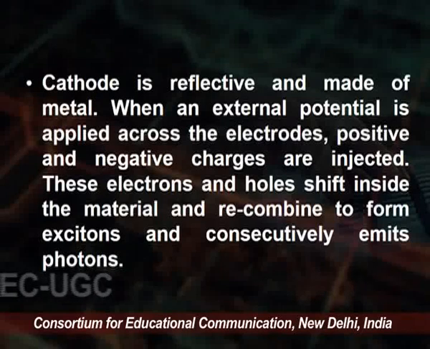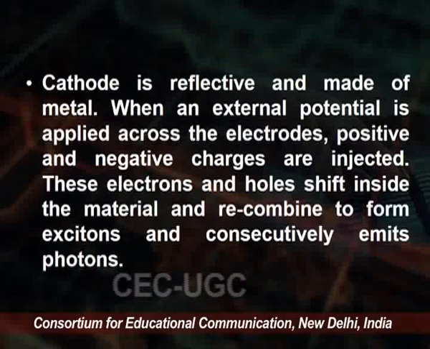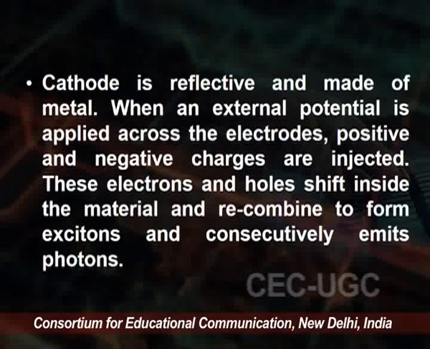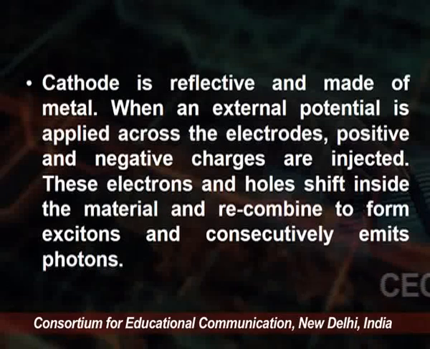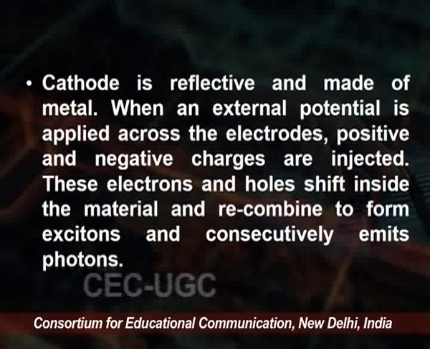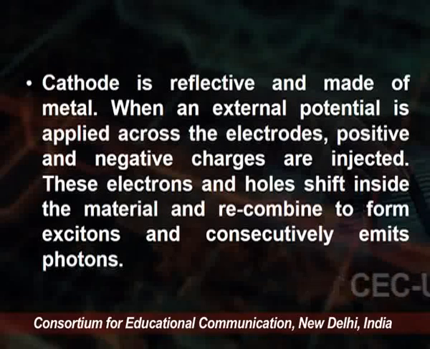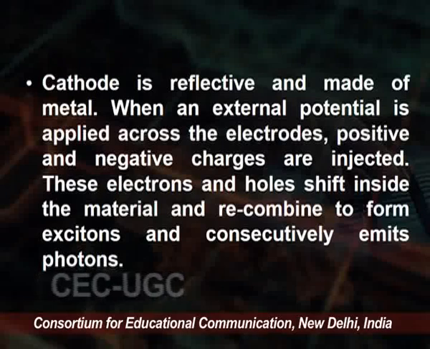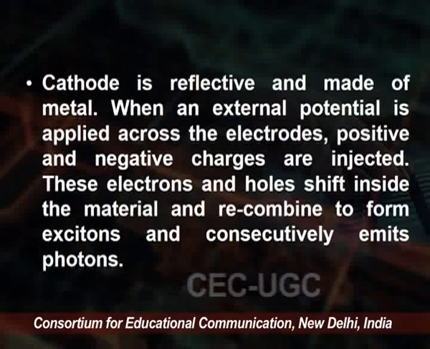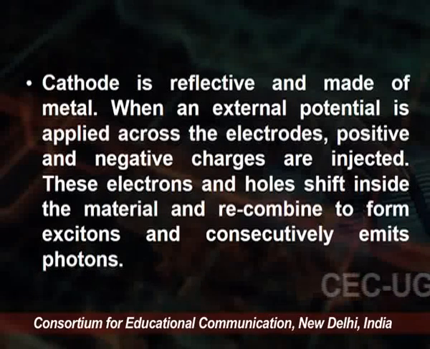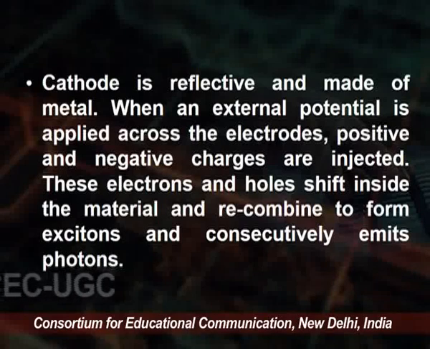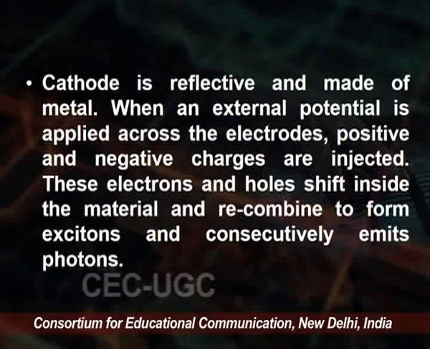So one, we have an anode which is transparent. Second, we have a cathode which is reflective and made of metal. When we apply the external potential across these electrodes, positive and negative charges are injected simultaneously, and these electrons and holes recombine to form excitons, and consecutively we get light in the form of photons.